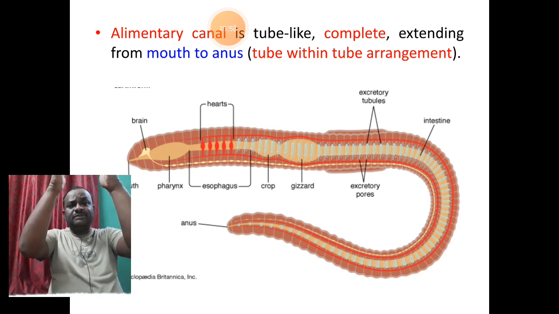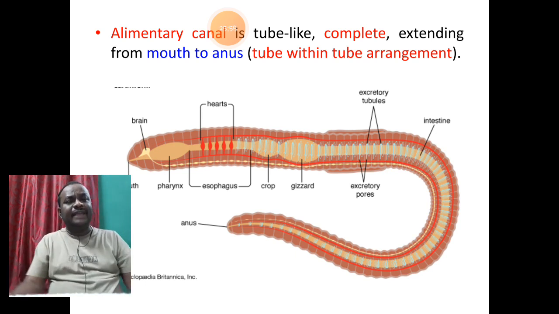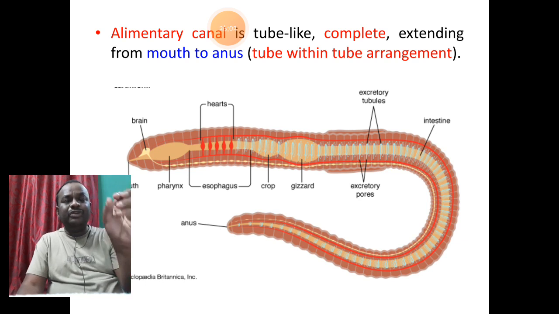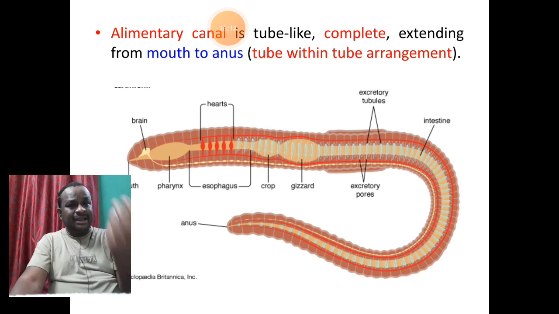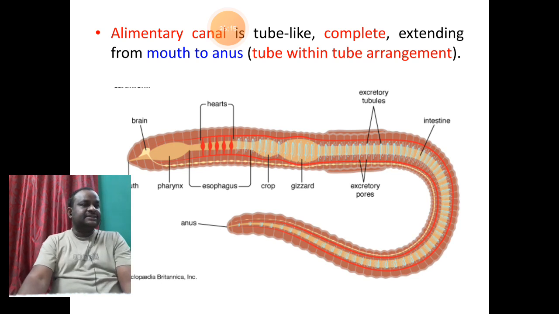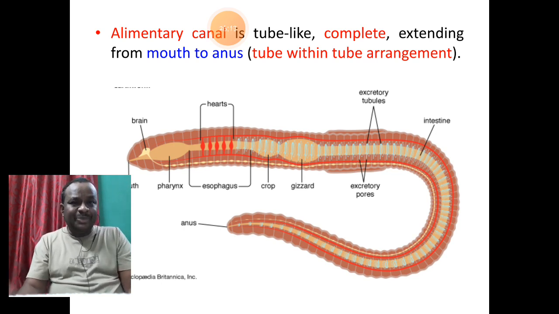It doesn't have the same width all through the length. It shows variation in the width of the tube. It is tube-like, showing muscular structures. So the tube of the alimentary canal is made up of muscles. It is called complete.